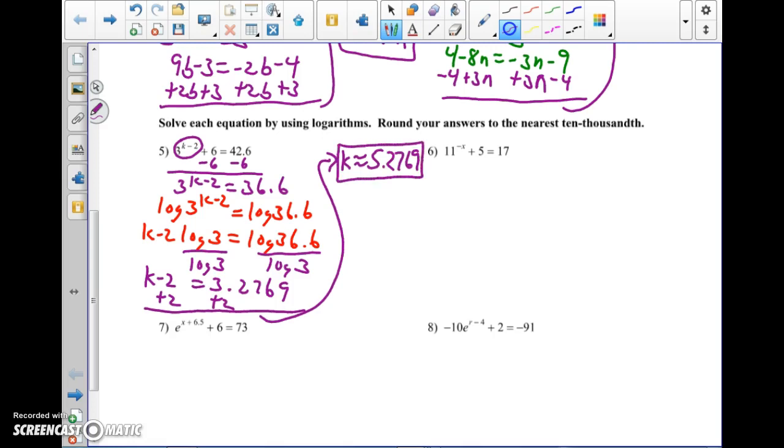Problem number 6 is the same way. Get the base and the exponent by themselves. To do this, you subtract 5 from both sides. Now you go log it. Swing.